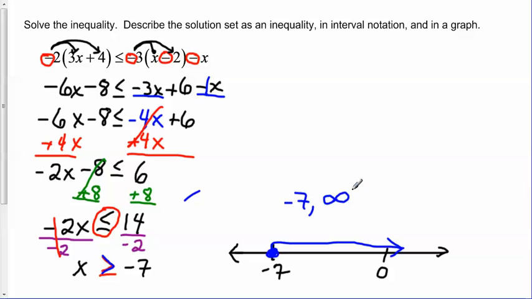But because we can't actually ever get to infinity, because it's just kind of an idea, it's not really a number, we're going to use the parentheses there. And here the negative 7 is a solution. It is included because of the or equal to part. So that means that we're going to use the square bracket on the left side. So there's our interval notation and our graph. And down here is our answer to the problem in inequality form.